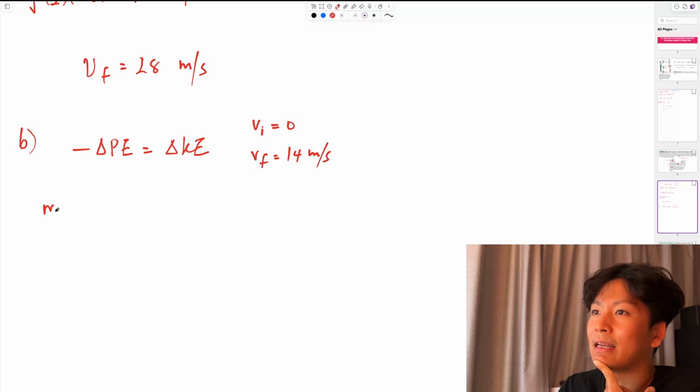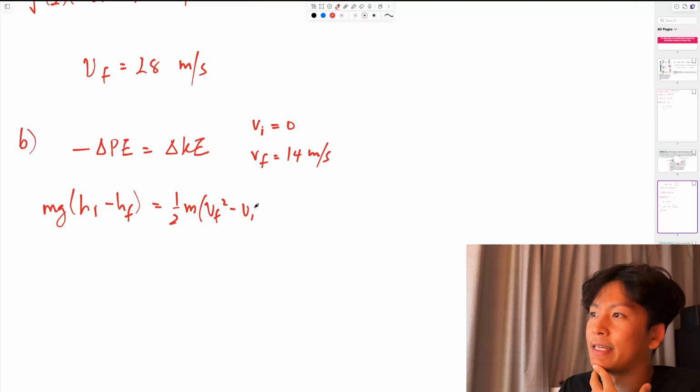And so if I expand the equation, mg delta h, so hi minus hf, because of the negative, is equal to half times m, vf squared minus vi squared. The m's cancel out. My initial height is 40, and I don't know what my final height is.